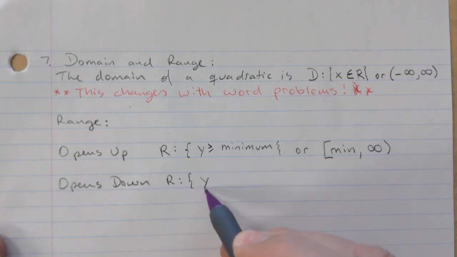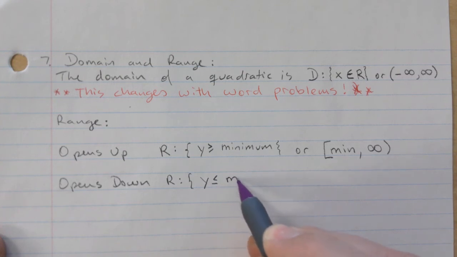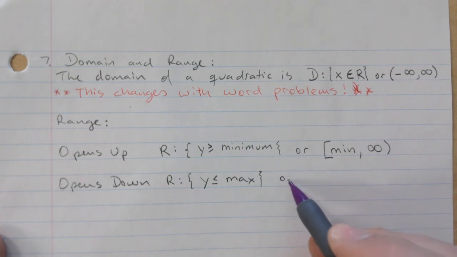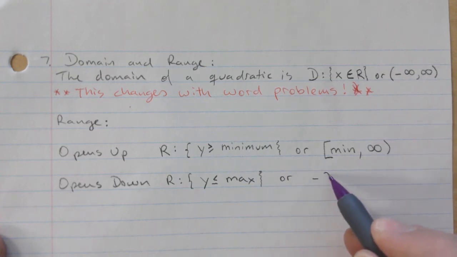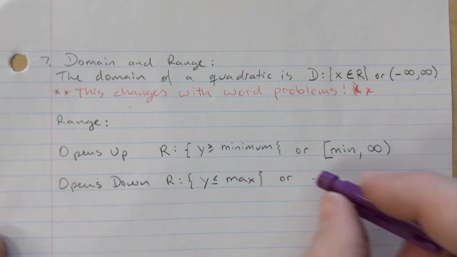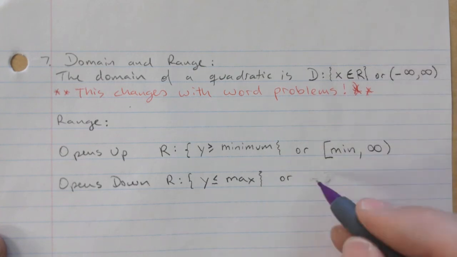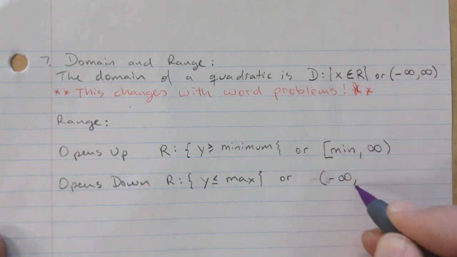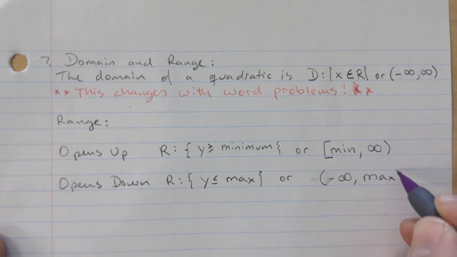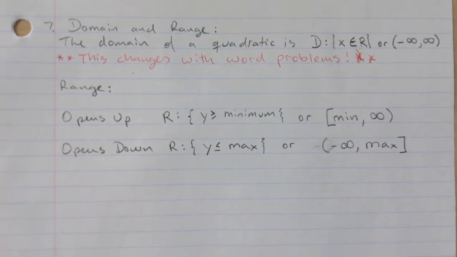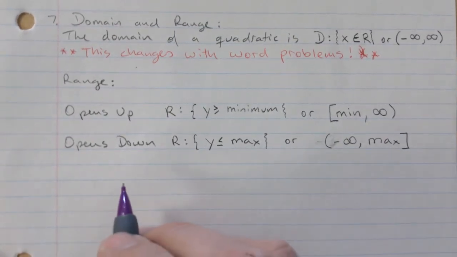If it opens down, y is going to be less than or equal to the max, or negative infinity to the highest value, which is your max, and it will usually include it. Okay. We don't really have open dots in parabolas when it comes to this, so that's what it is.